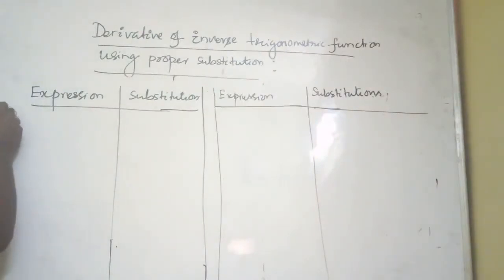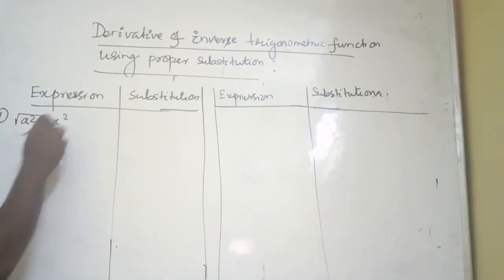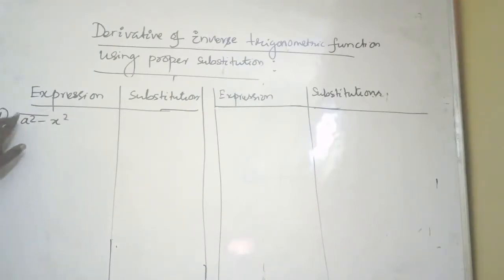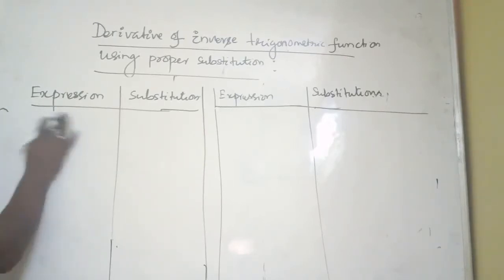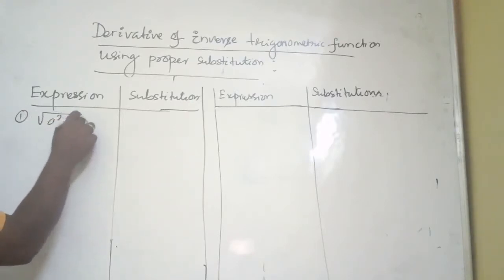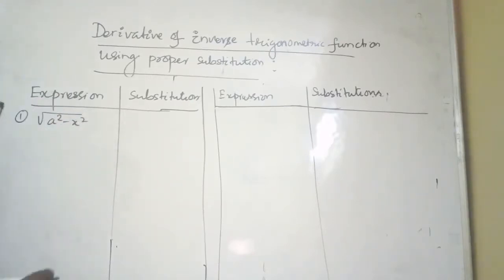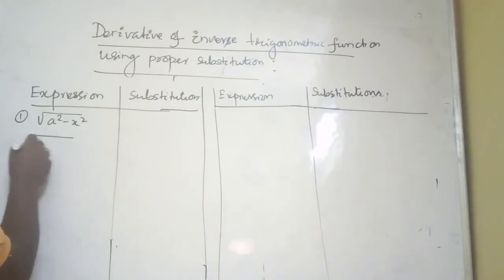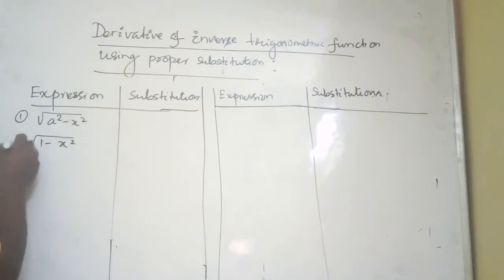Suppose this is in the form of root over a square minus x square. We know, suppose this is 1 minus x square term.